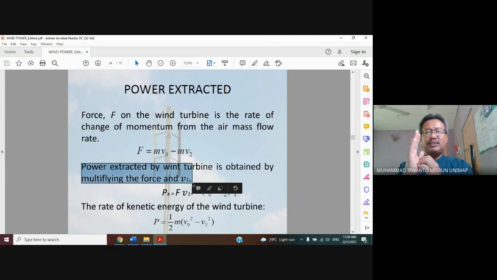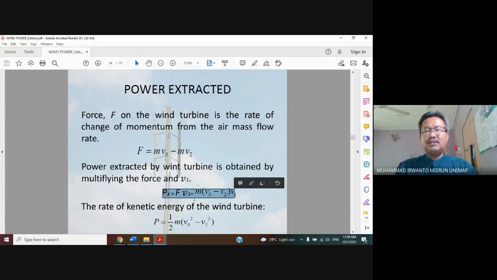It is the multiplication of the force and the wind speed on the wind turbine V1. So Px is given by F V1. F was multiplied by the wind speed on the wind turbine V1. So we can write m dot multiplied by V0 minus V2, multiplied by V1.